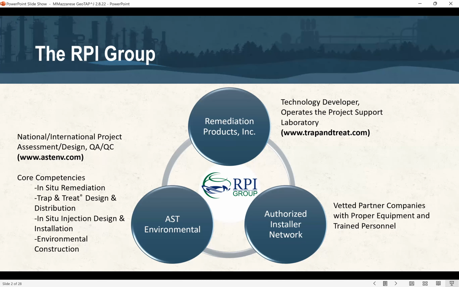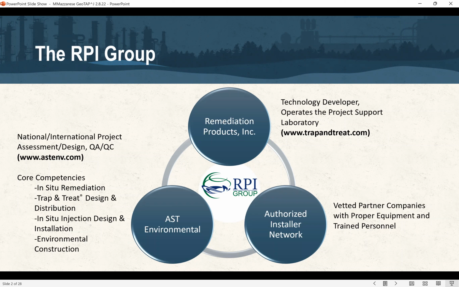We're an in-situ remediation contractor, and most of our work revolves around the injection and design of the trap and treat technologies that we'll talk about briefly today. But we do get involved with other technologies as well, and we also have an environmental construction group.